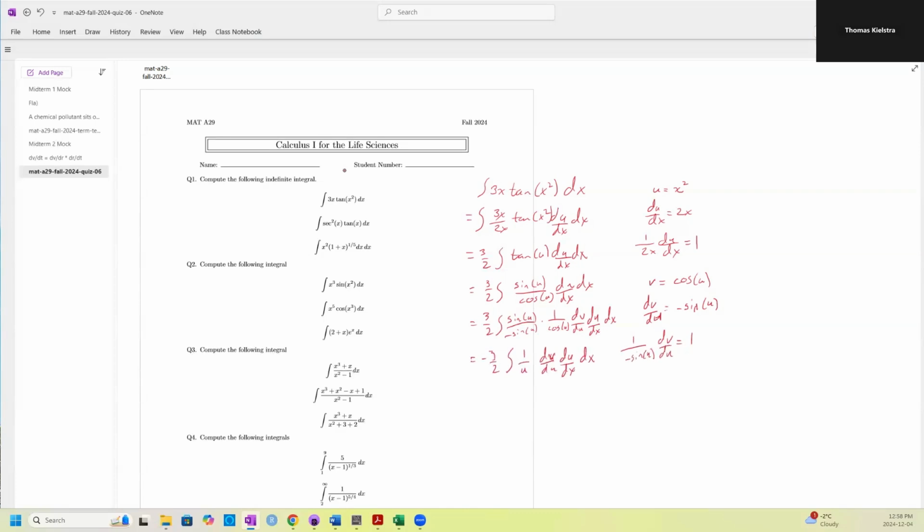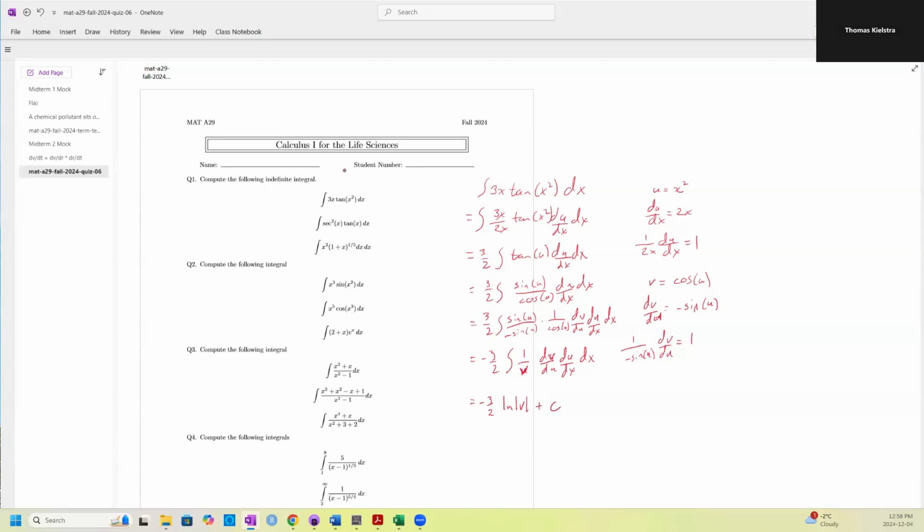Now what I need to do is integrate this with respect to v and then substitute back for u and substitute back for x. So this equals minus 3 over 2 ln absolute v plus c.